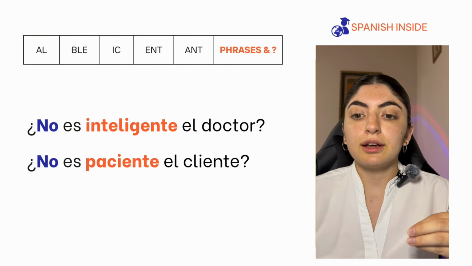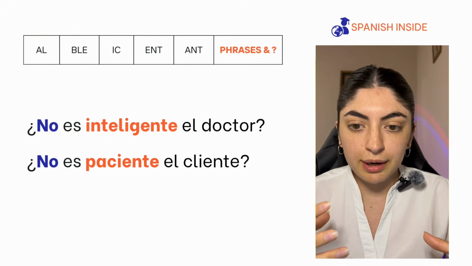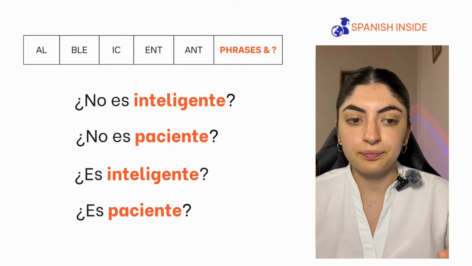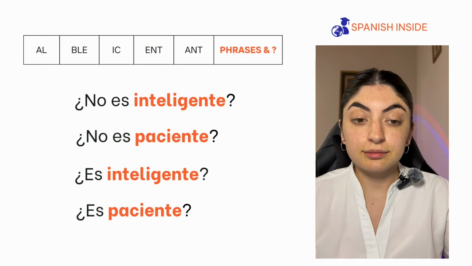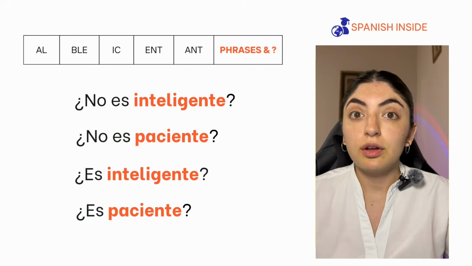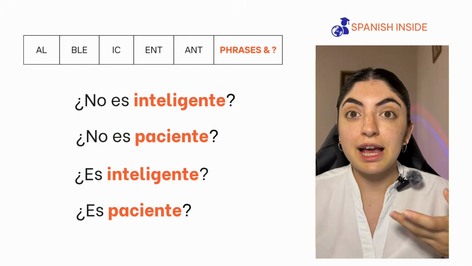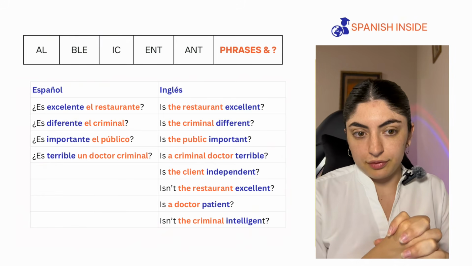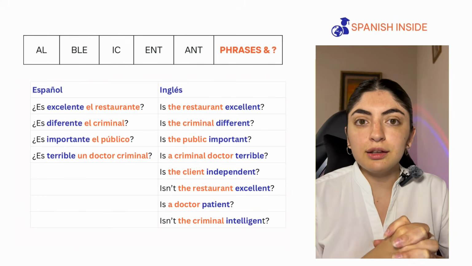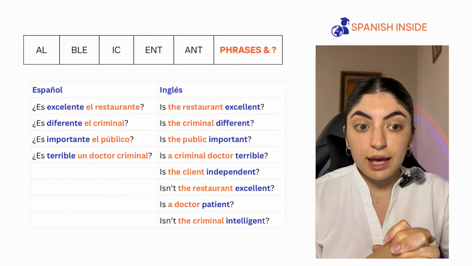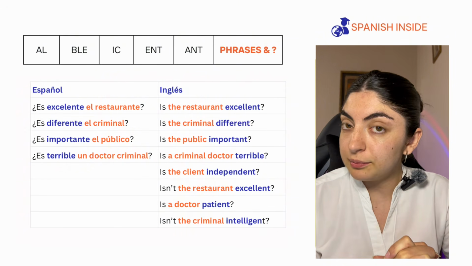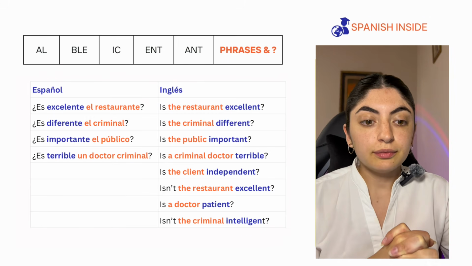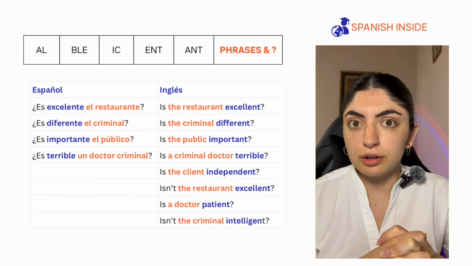We often ask in a more natural way by keeping only the adjective at the beginning, like this. ¿No es inteligente? ¿No es paciente? ¿Es inteligente? ¿Es paciente? Now, we have, ¿es excelente el restaurante? ¿Es diferente el criminal? ¿Es importante el público? ¿Es terrible un doctor criminal?